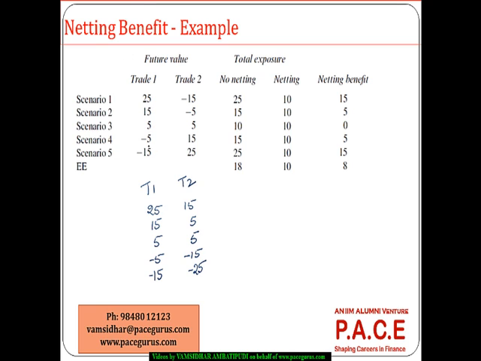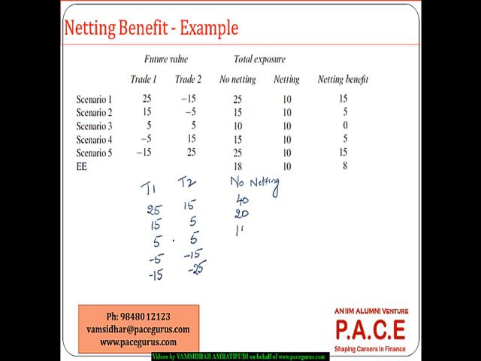Now let's look at the exposure. Without netting, what is the exposure between them? Because these two are positive, the total exposure is 40 here, and here it is 20.